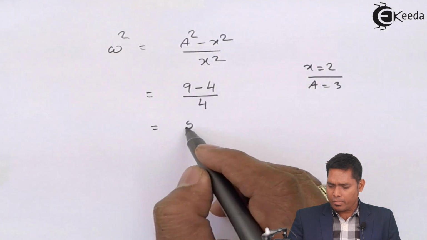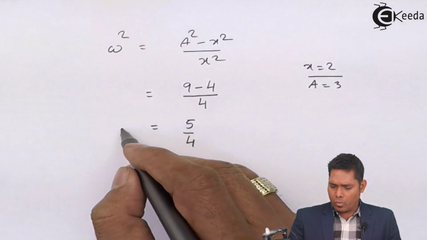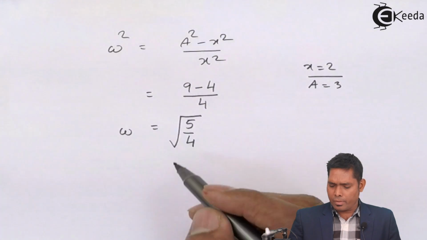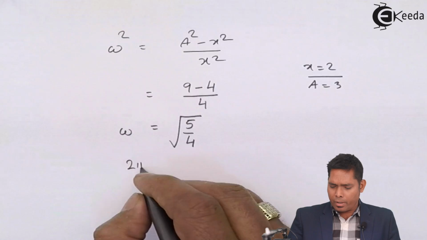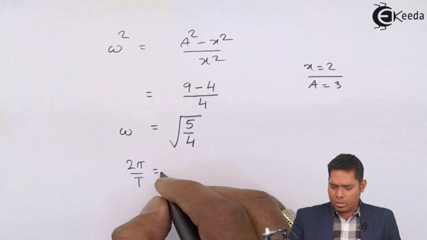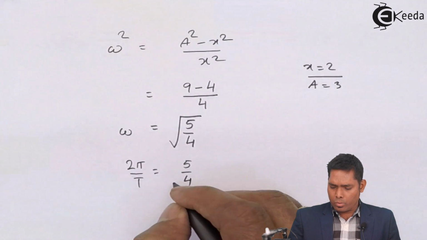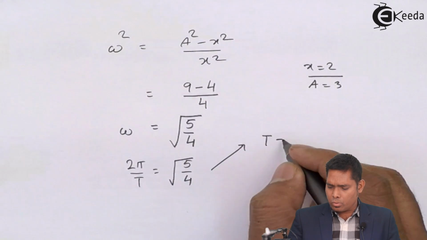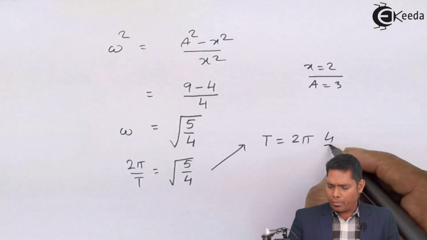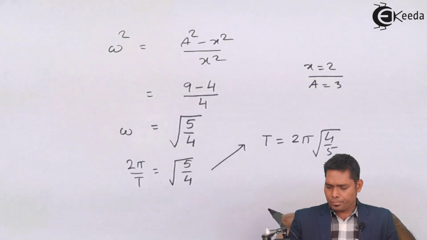It is 5 divided by 4. Omega is under root of 5 divided by 4. And omega is 2 pi over T, so 2 pi over T equals under root 5 by 4. From here I write T equals 2 pi under root of 4 by 5.